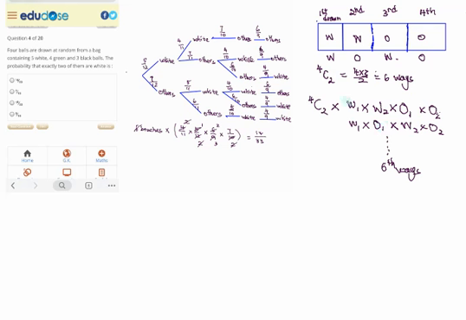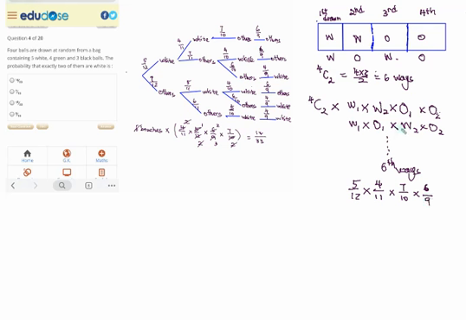Now let's look at the probability of this. The probability of W1 would be 5 over 12. W2 will be 4 over 11. O1 will be, there are 7 other colors, so 7 over 10, times the 6 of them over 9.